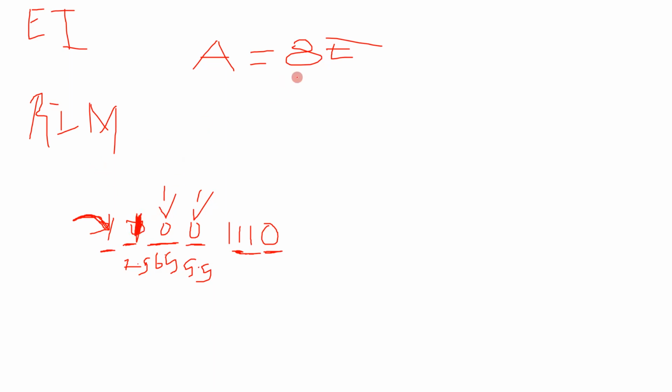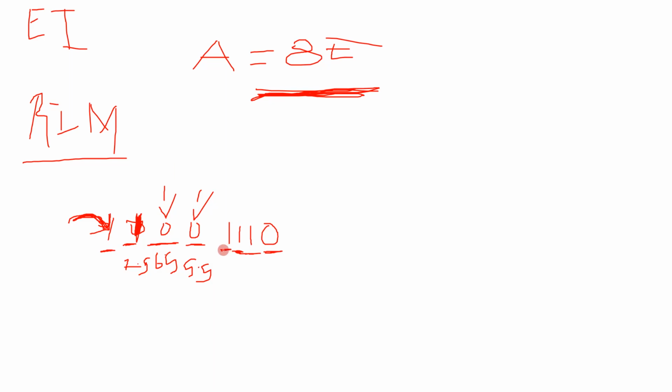So actually RIM instruction reads the contents into the accumulator. If you want to read the information about the interrupts, or if you want to read the contents at the serial interface, or the bit at the pin SID, the RIM instruction will be used.